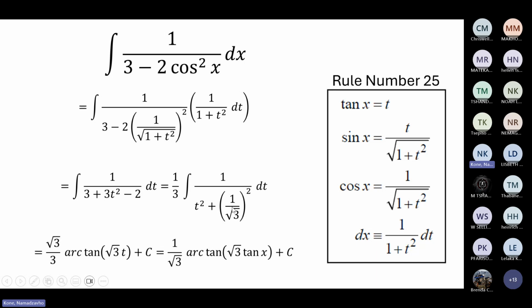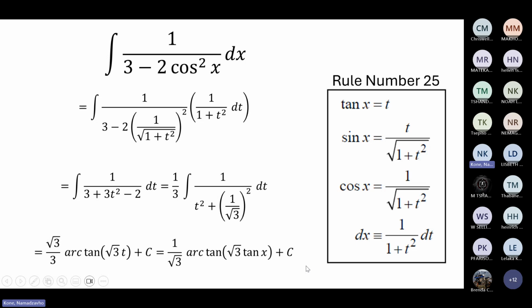And dividing by 1 over square root of 3 is the same as multiplying by square root of 3, which gives you that. And also here it has got variations. So you put it in a calculator, you may get this, you may get that, or you may get square root of 3 over 3. You may get 3 over square root of 3, I think, as well. So there are a lot of variations of these answers.